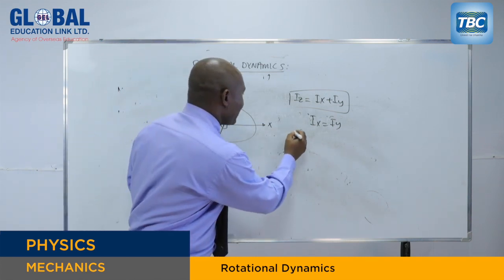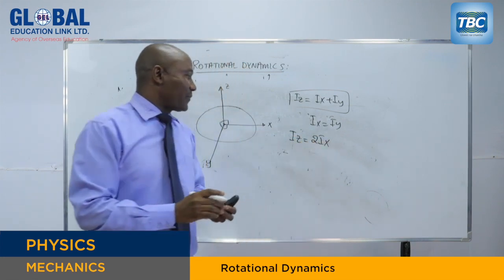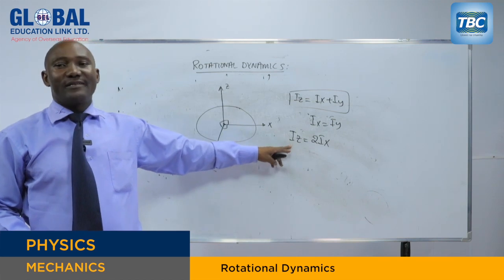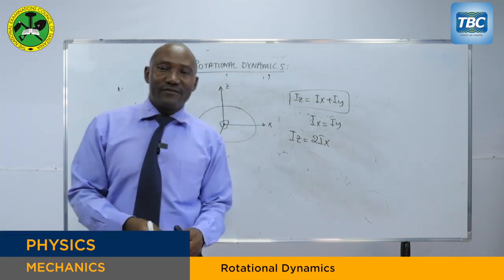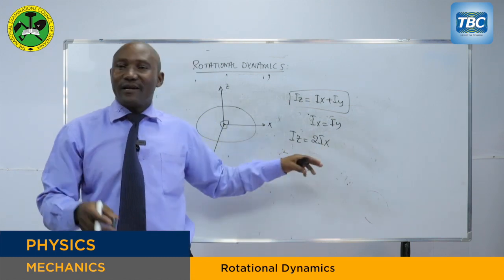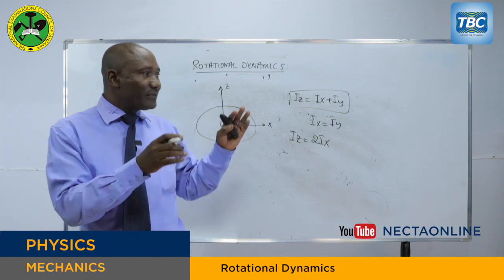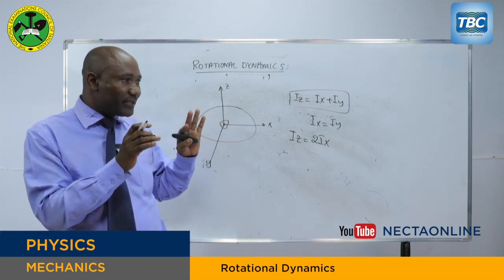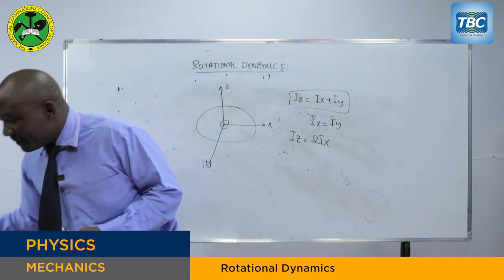And we have the moment of inertia about z equals 2Ix. And this is the moment of inertia about the center, which we have. Knowing the moment of inertia about the center of gravity, we can find the moment of inertia about its diameter. That's one area where you can apply the perpendicular axis theorem. Another area is this. You have the same disk.